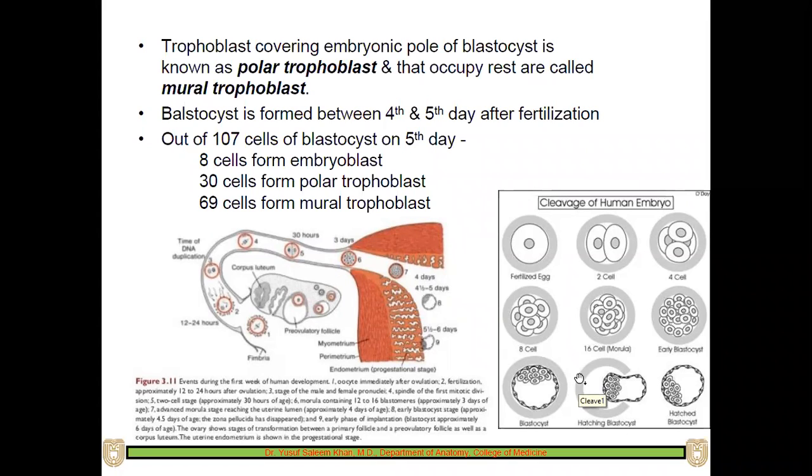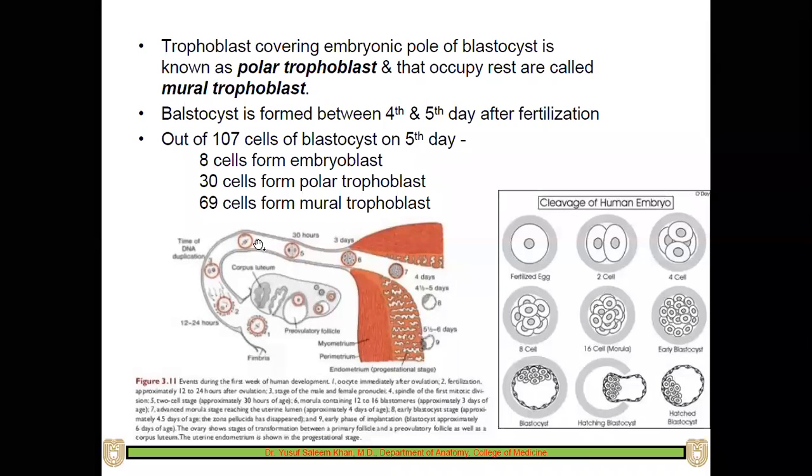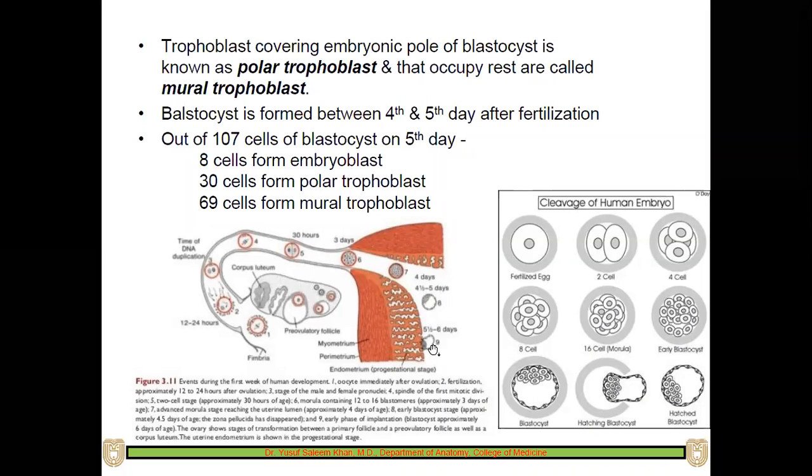If it disappears early, then there can be abnormal implantation within the fallopian tube itself. We'll study the abnormal implantation where it gets implanted within the wall of the fallopian tubes instead of the uterus. Why does it get implanted in the uterine cavity? Because the zona pellucida disappears now.